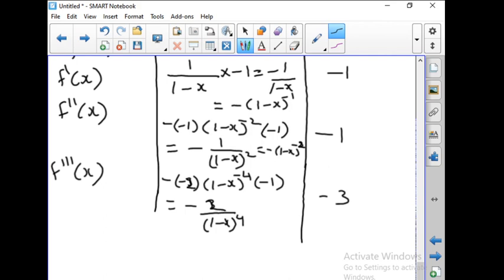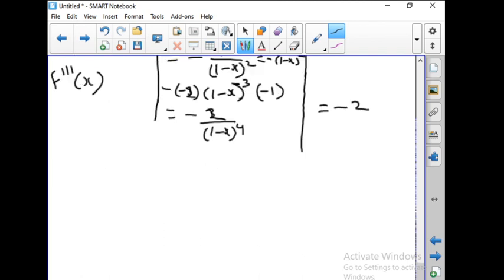So you get minus 2 here. Clear? Here, going through 3 derivatives is enough because it is not mentioned in the question.